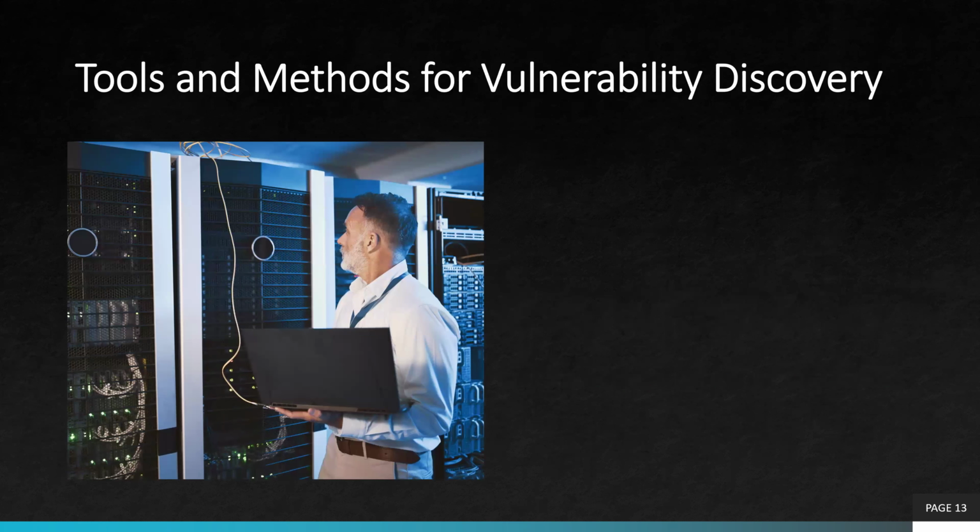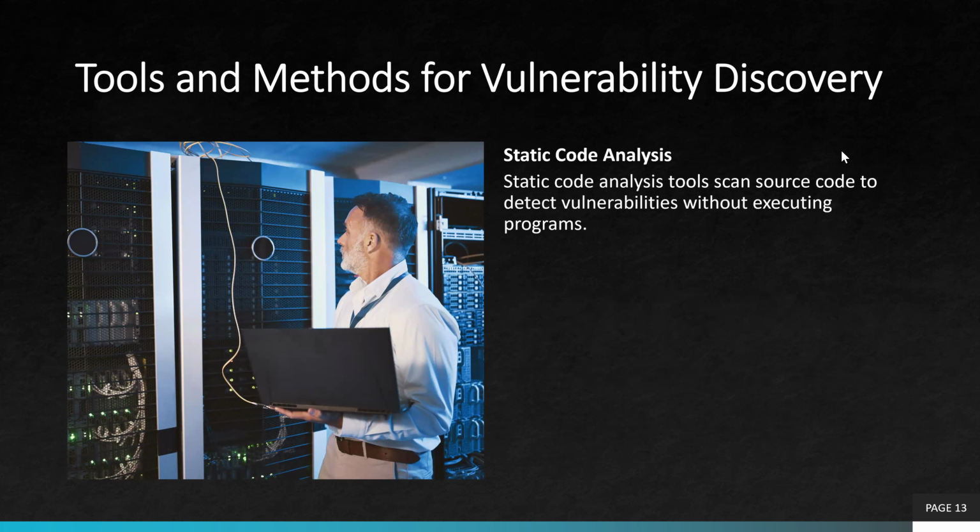And then the tools and methods for vulnerability discovery. What are the tools that you look for? Basically, sometimes static code, which is your source code. You have to scan static code to detect vulnerabilities without executing the program. So maybe a Python program might have a popen or system call, or C or C++ exec, or Node.js exec.